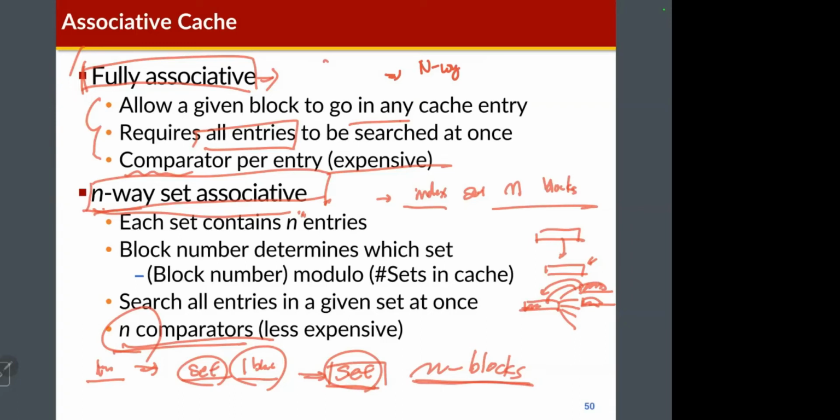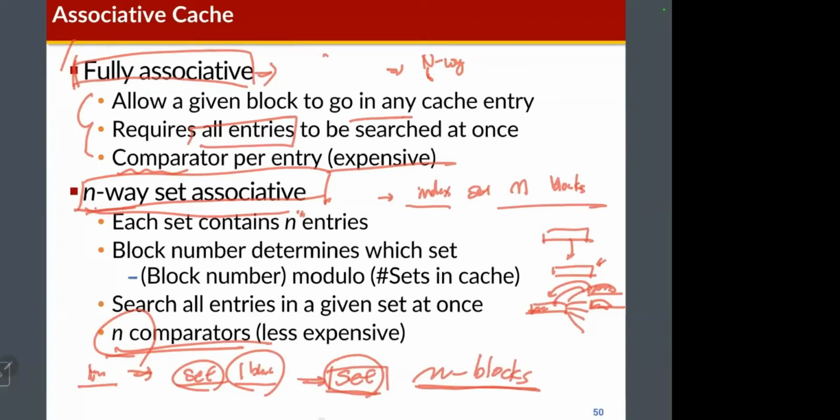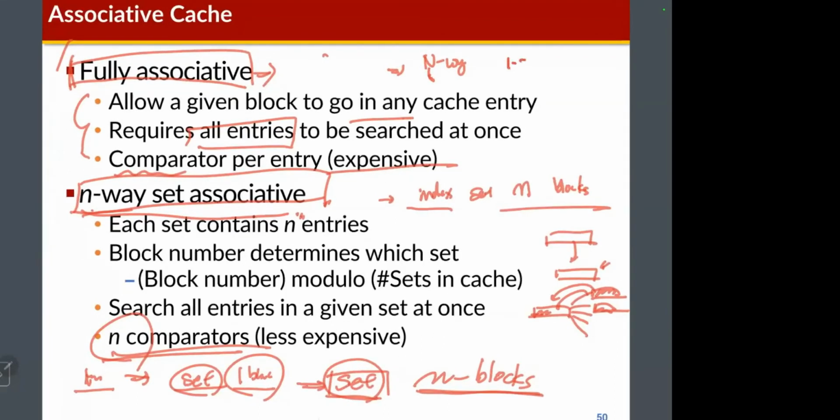So the fully associative cache only has one set, but that one set can store n blocks, and n is very large. In a fully associative cache, there is no concept of set index. So the memory blocks can go to any line of this fully associative cache if the line is empty.